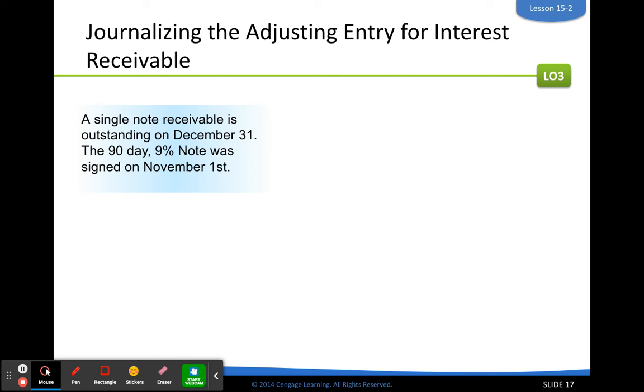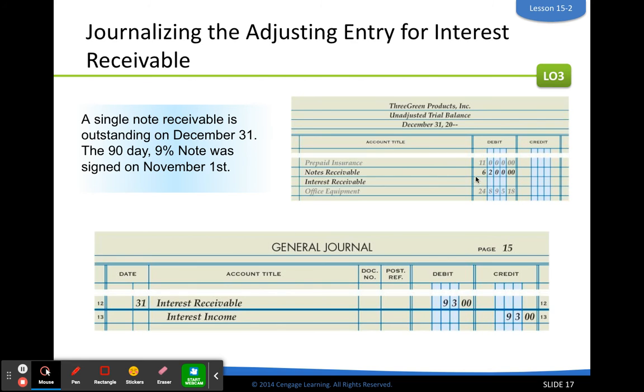earned in interest. So how we're going to calculate that is take our total amount of notes receivable, $6,200. So that's our principal, times our interest, which is 9%, and then times our time. Now, time in this example, it's not 90 days.